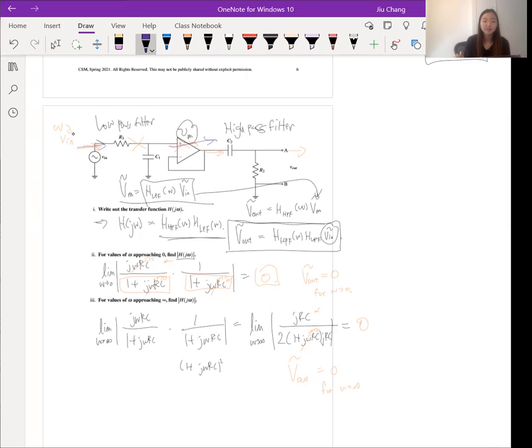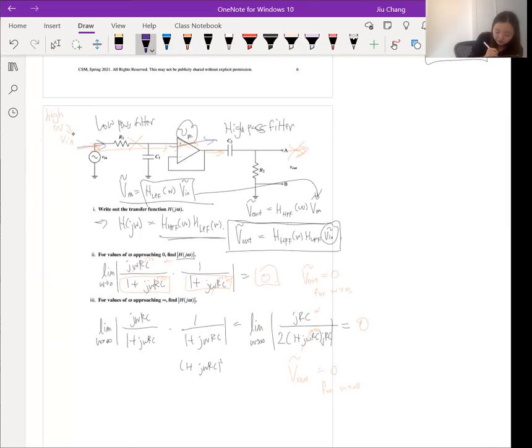So it wouldn't go past the low pass filter if it's a high frequency. So remember the orange one, I will use the orange one as our high omega. So our high omega will not pass the low pass filter, and therefore we will not have any value for our V out of the whole cascaded circuit.